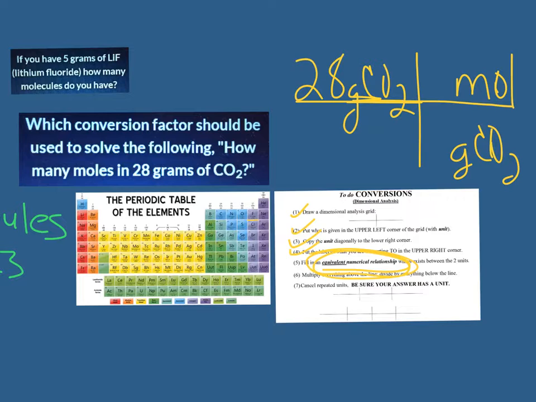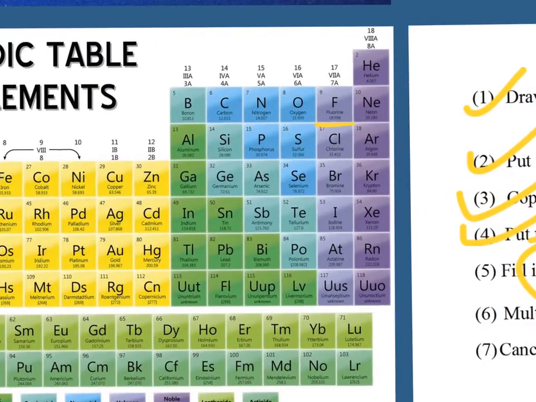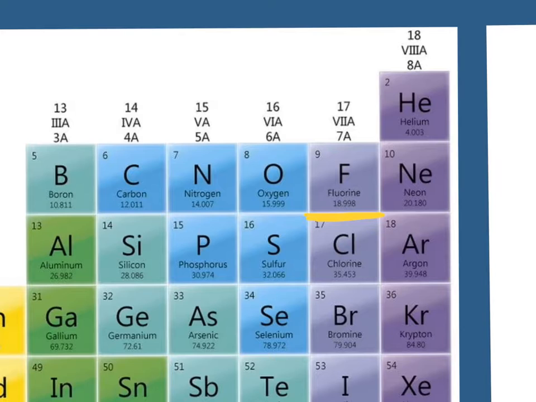I know that anytime I take it from the periodic table, it's going to be 1 mole to however many grams it says. So let's go find out how many grams are there. I've got CO2. I'm interested then in carbon. Carbon is 12.01. Then there's oxygen, 15.999, which if I round to the hundredths place, that 9 is going to kick that up to 10, so 16.